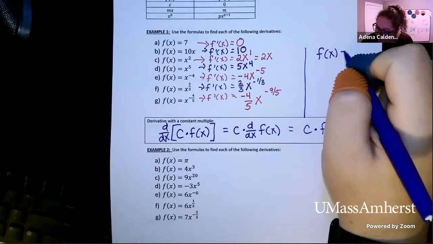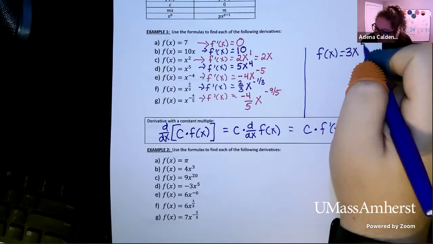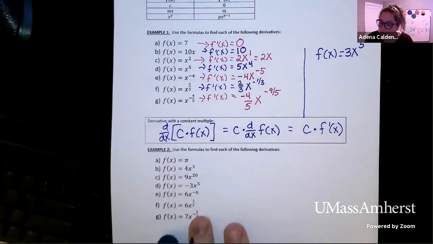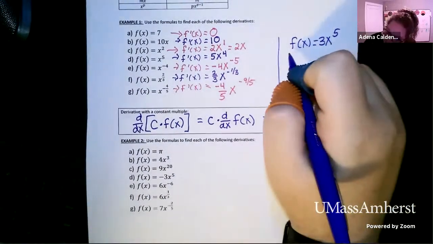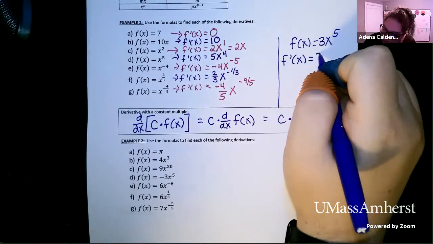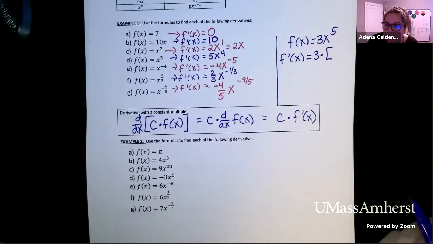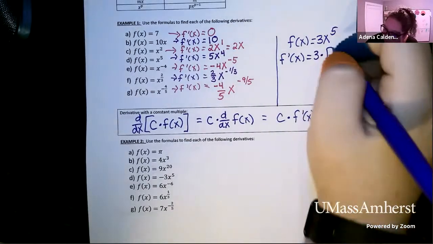Let's say we have f of x equals, I don't know, 3x to the 5th. What this rule is saying is that when you take the derivative, you're going to take that 3 and multiply it by the derivative of x to the 5th, right?